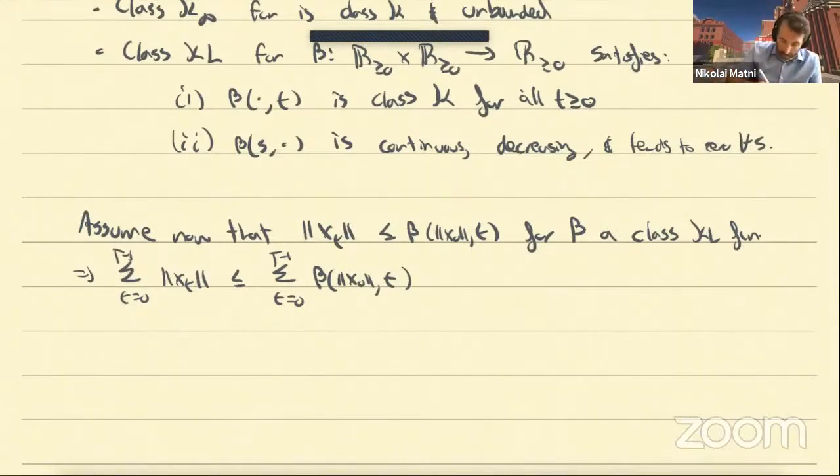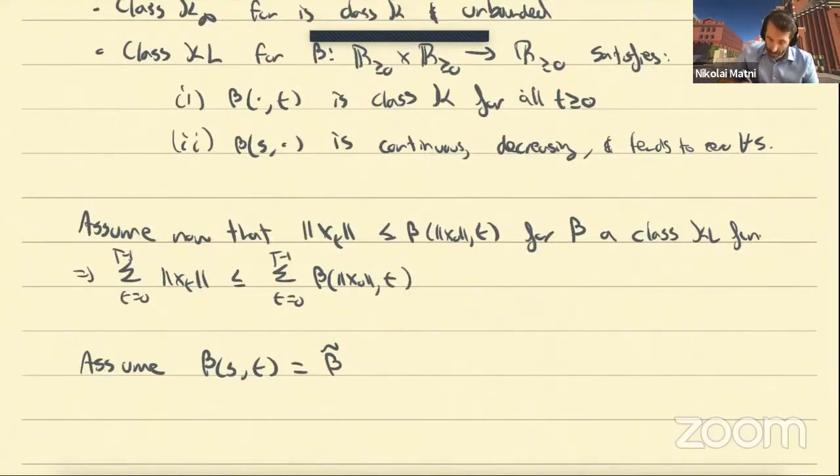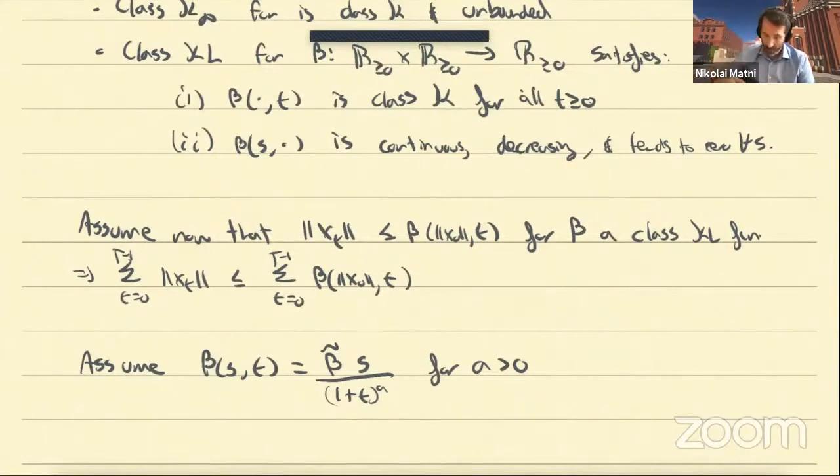So for this case, we'll assume that beta of s, t is equal to some other constant beta tilde greater than 0 times s over 1 plus t to the a for a greater than 0. All right, so this is now decaying as basically 1 over t to some power. And we want to look at how this translates into different bounds.